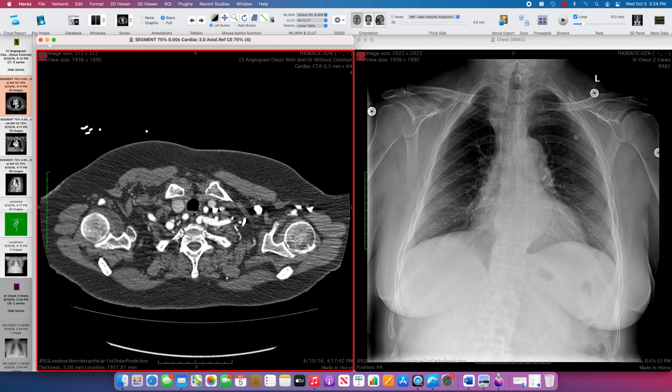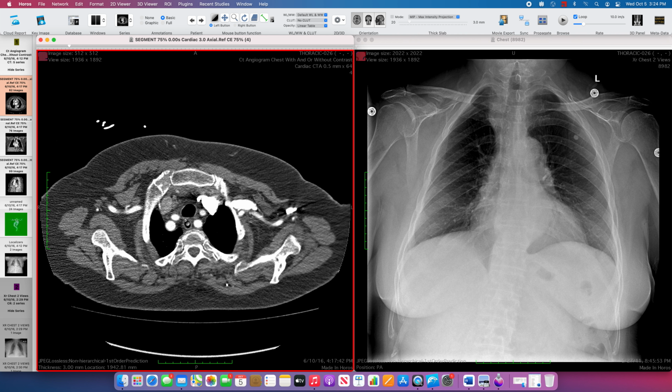Mural hematoma will show up on non-contrast chest CT and can be difficult to appreciate on a contrast chest CT as being hematoma versus, say, mural thrombus or atherosclerotic disease. So for this case, we've given contrast. We've waited until that contrast has hit the aorta, and then we begin imaging.